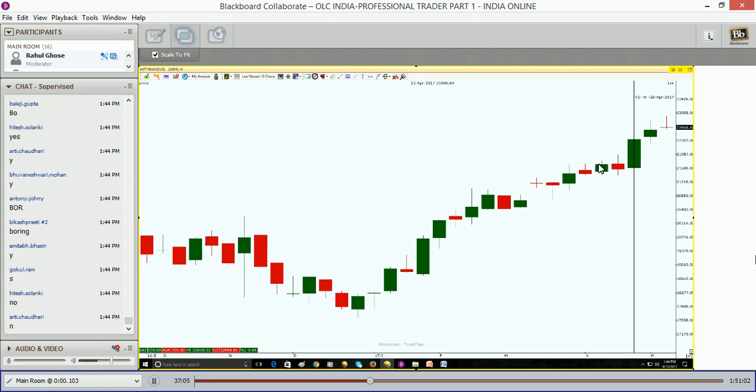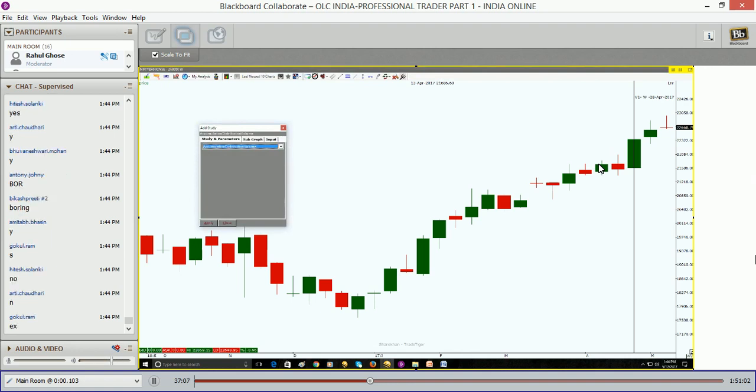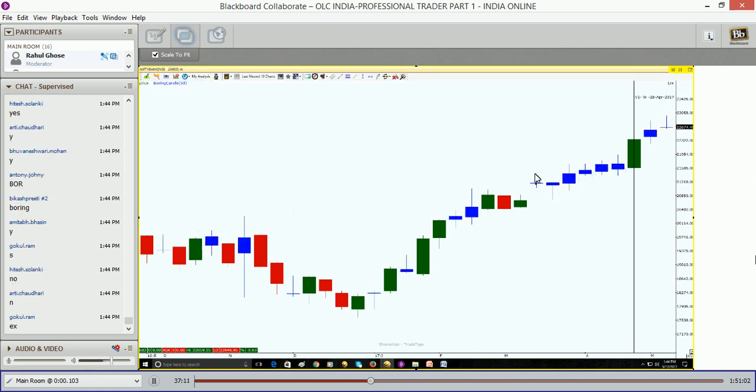Okay. Shall we put on our tool just to be sure? You will notice that all these candles are boring candles, and this becomes your exciting candle or your leg-in.